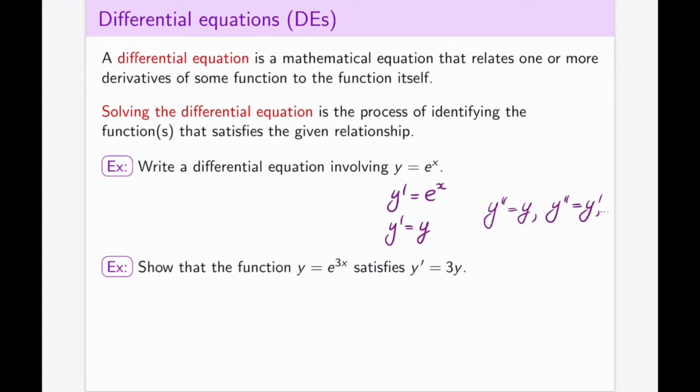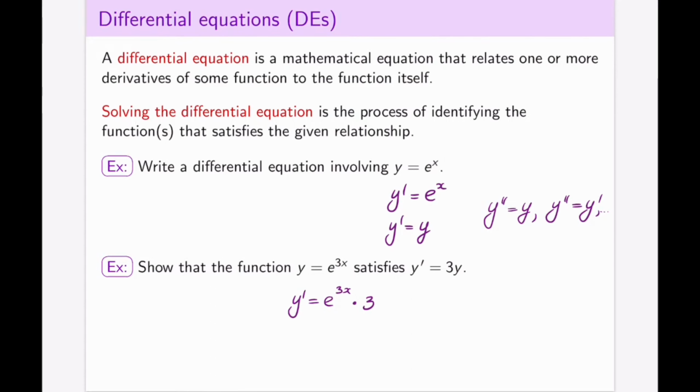Let's take a look and see if we are given a function and a differential equation, how can we determine whether or not this function in fact satisfies this differential equation? There are a number of ways to proceed. You can take a derivative and then you can plug in the function itself and see if the equality actually holds, or you can try to derive an equation and see if your derived equation matches the one provided. So let's start either way by taking the derivative of this function. So it's e to the power 3x, which means that the derivative is itself times the derivative of the inside.